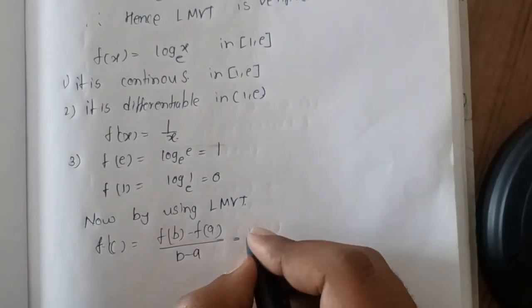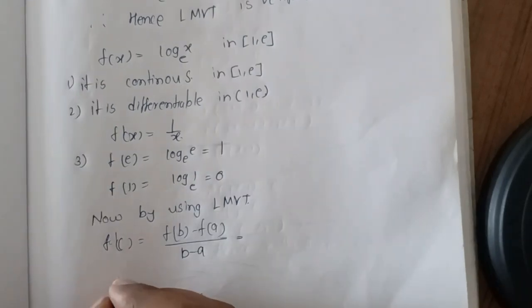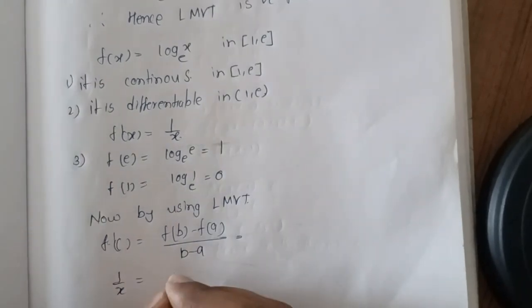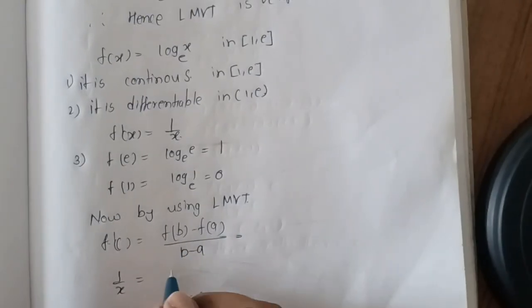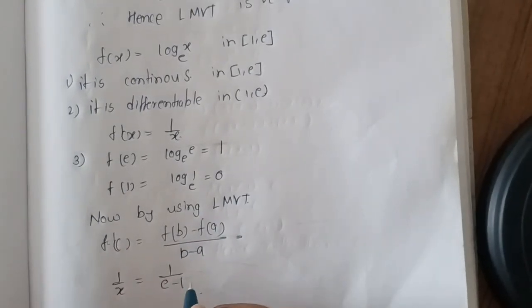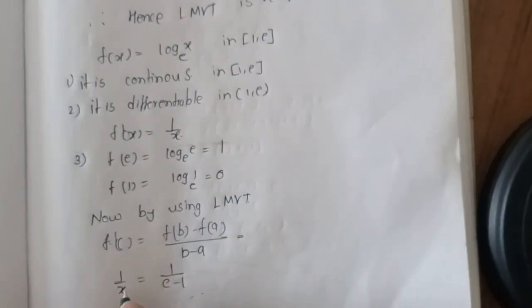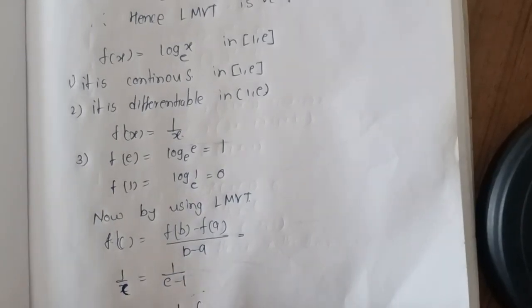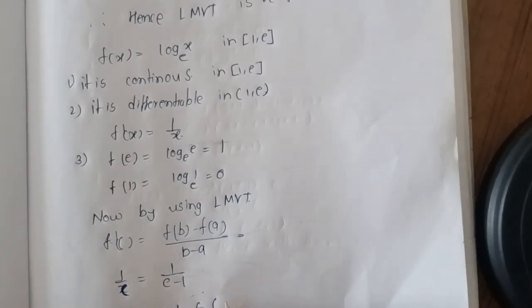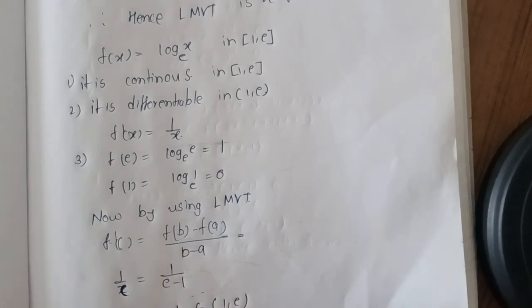Here we substitute the values: 1 by c is equal to 1 by e minus 1. Then c is equal to e minus 1. This belongs to the open interval 1 comma e.